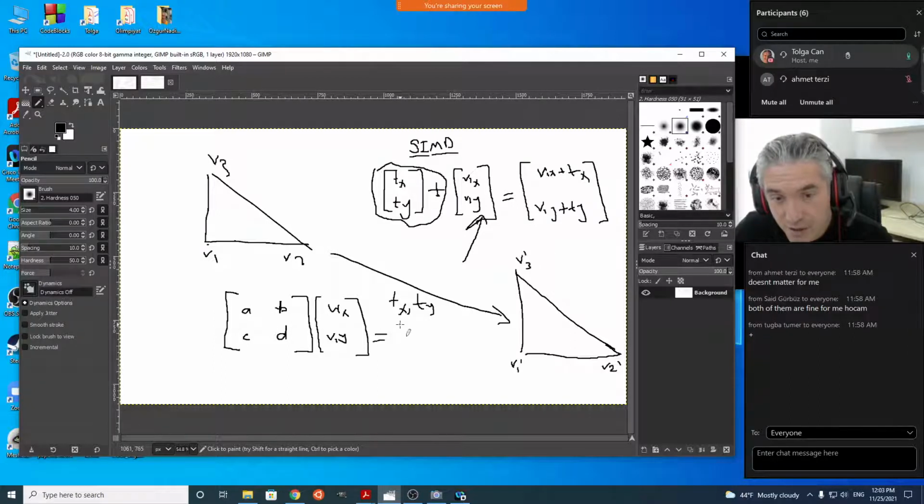In order to get the new v1 prime x, take a amount of v1x and take b amount of v1y. If you remember matrix multiplication, we take the first row and multiply it with this column. So each of the entries in the row indicates how much you have to take from the input to form your new output.